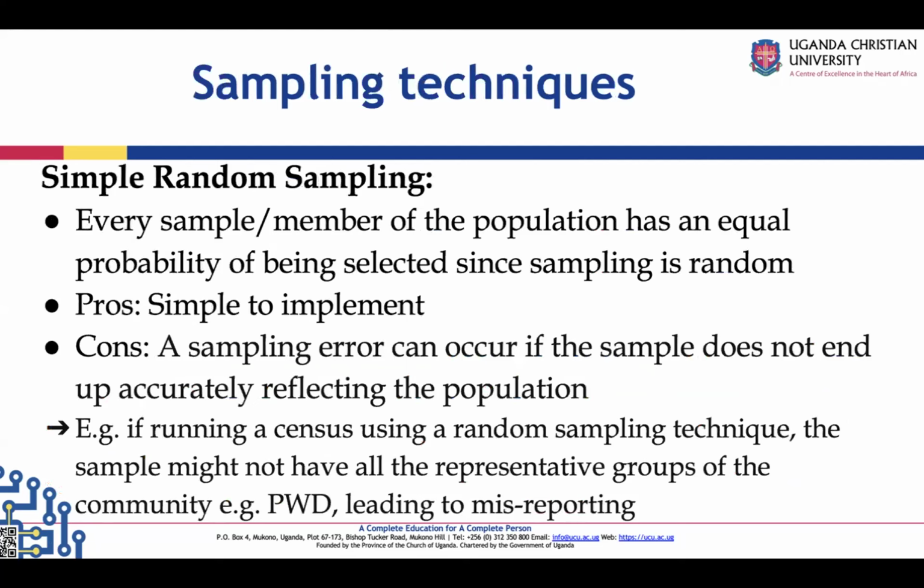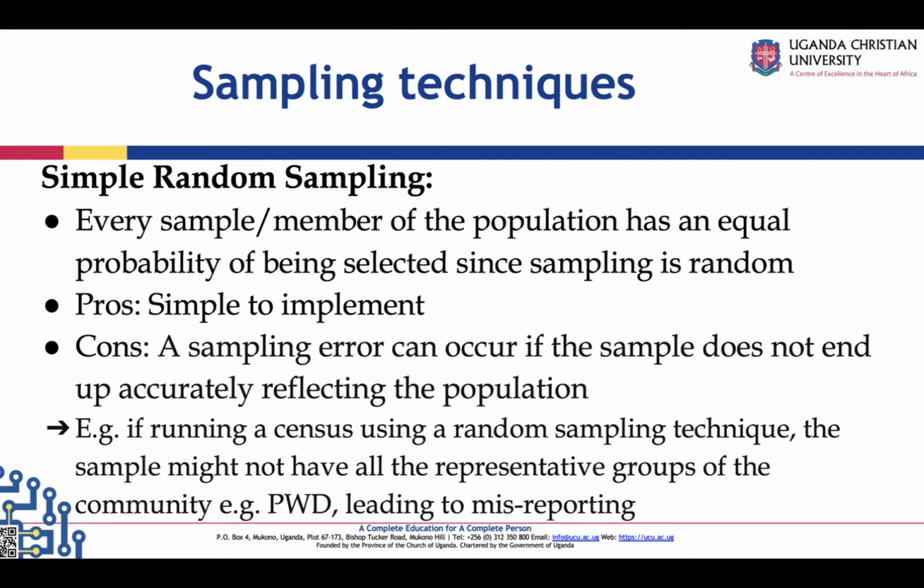So we'll start off with one of the techniques called simple random sampling, wherein every sample or member of the population has an equal probability of being selected. Since the sampling is random, it does have an advantage of being simple to implement, but it does have the disadvantage of creating sampling errors. And these could result from the fact that the randomly selected sample may not be an accurate reflection or representative of that population.